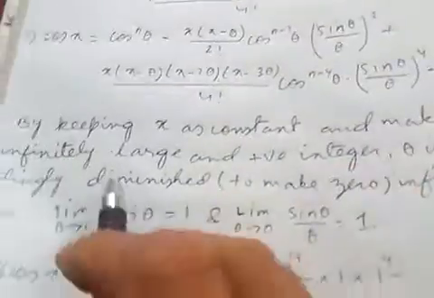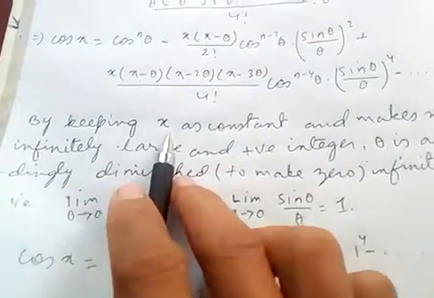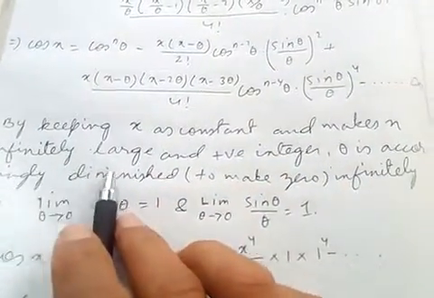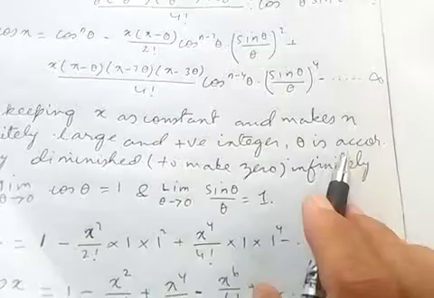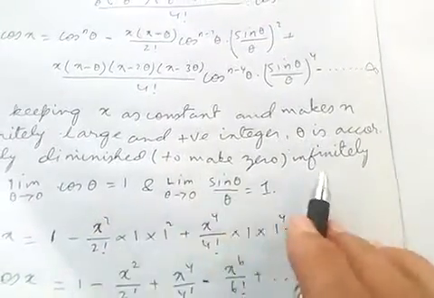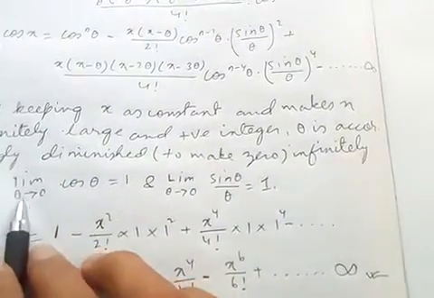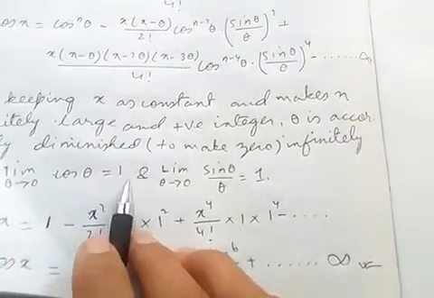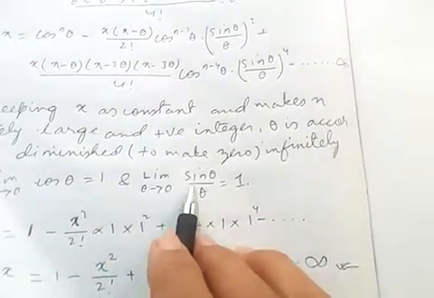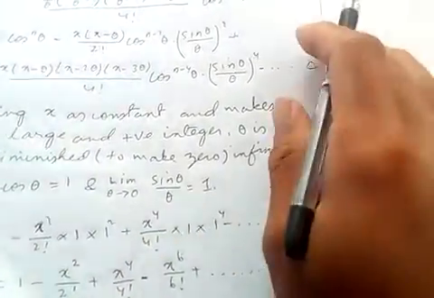Now similarly from here, by keeping x as constant and making n an infinitely large positive integer, then theta is accordingly diminished infinitely, then limit theta tends to 0, cos of theta is equal to 1, and limit theta tends to 0, sin theta by theta is equal to 1.